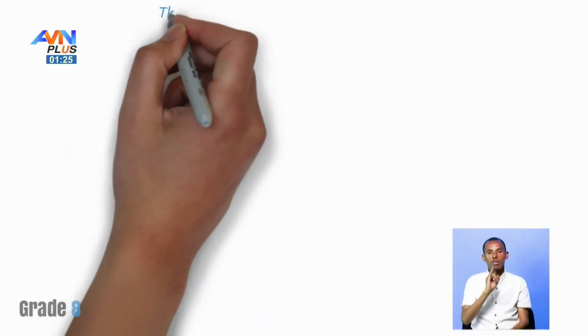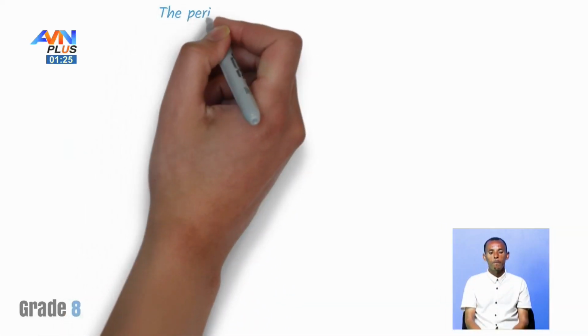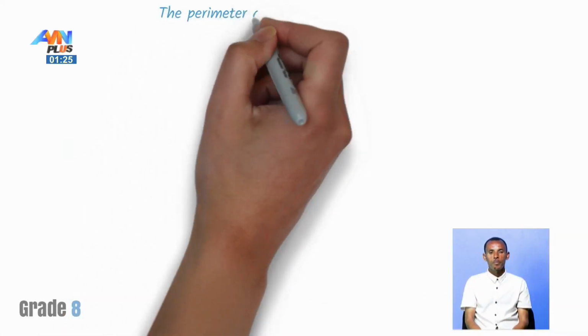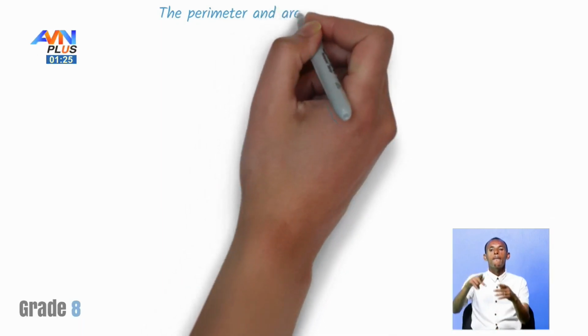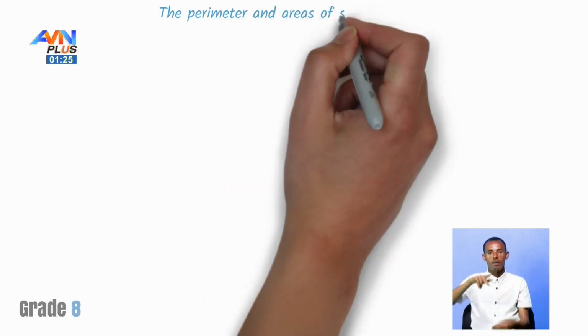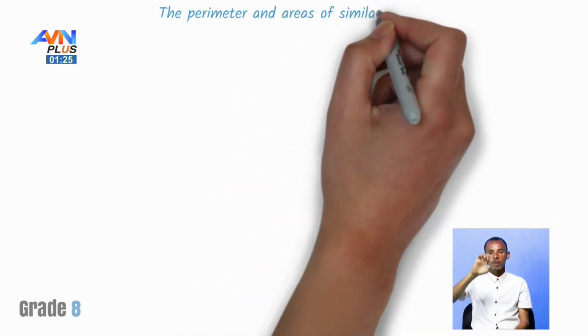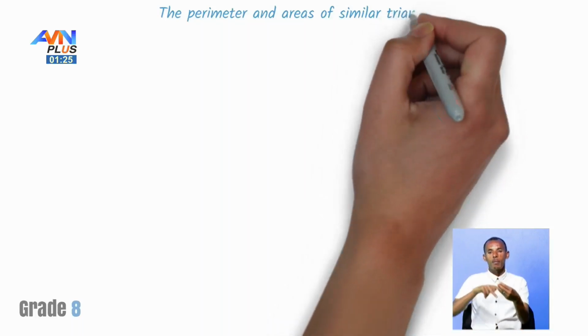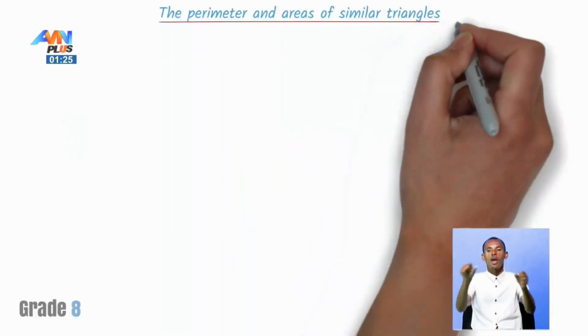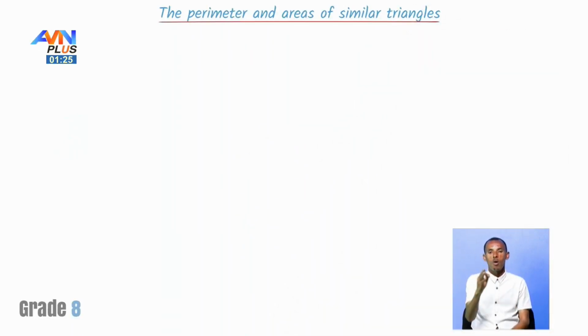That point is the perimeter and areas of similar triangles.